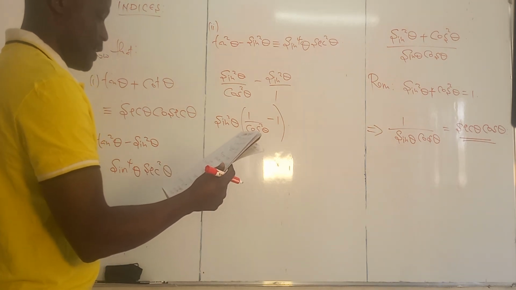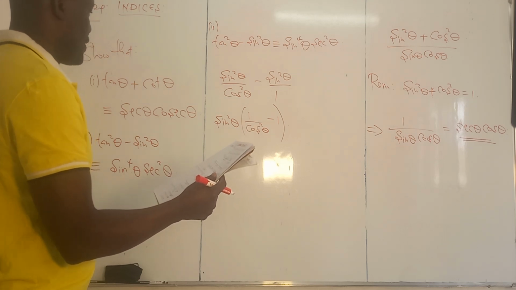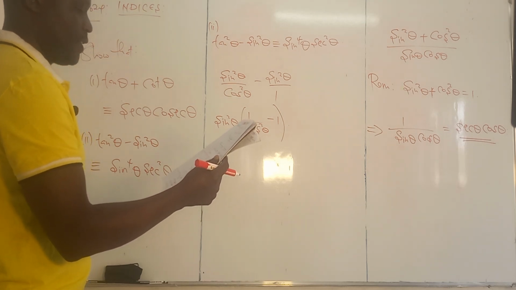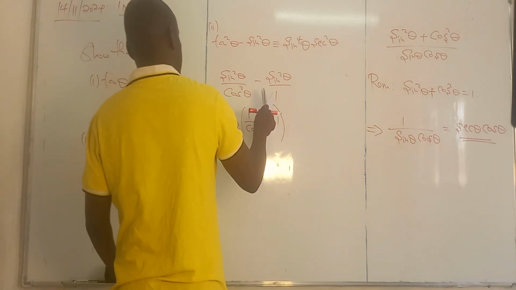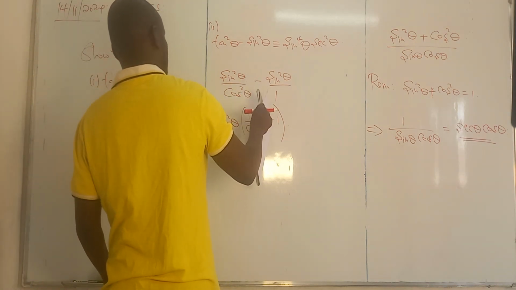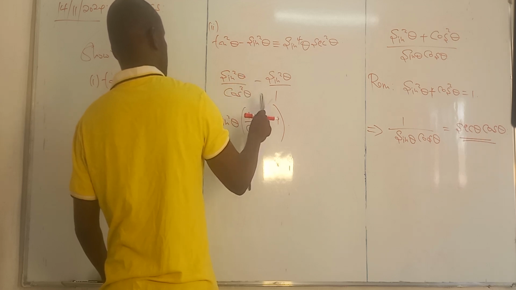And from there, I can comfortably say that sin squared theta, what is this particular part here? This particular 1 over cos squared theta.